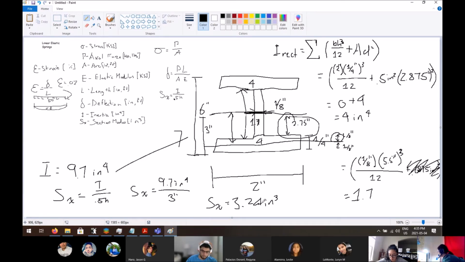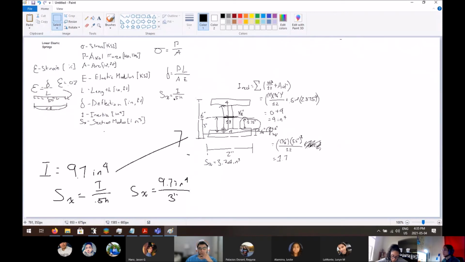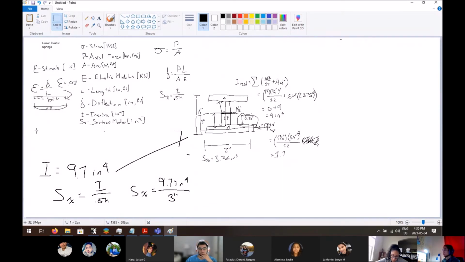So what can we do with this? Well, now we can calculate deflection in a beam. Let's just minimize all this jargon.